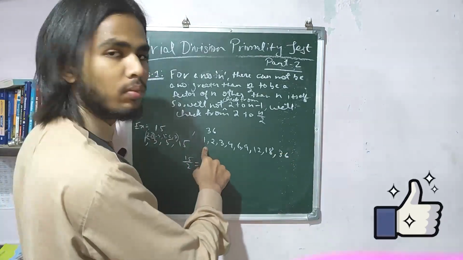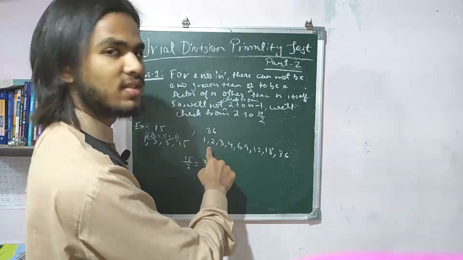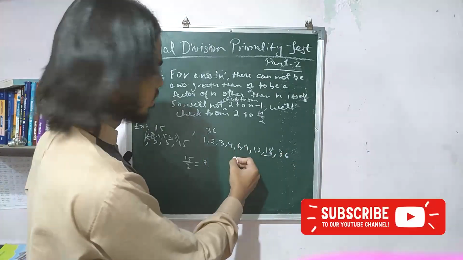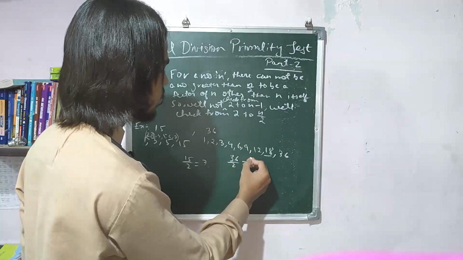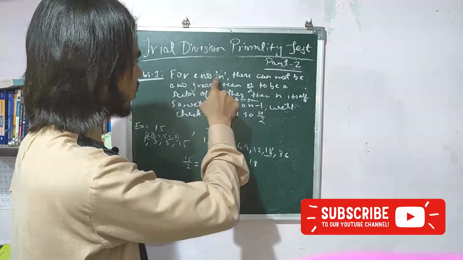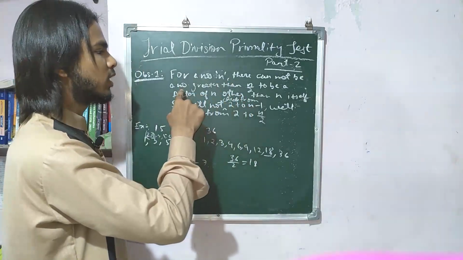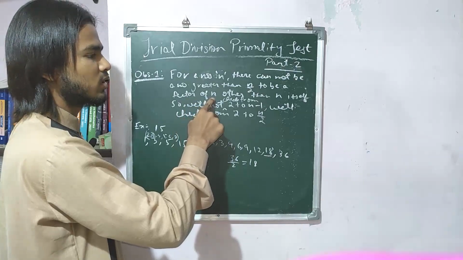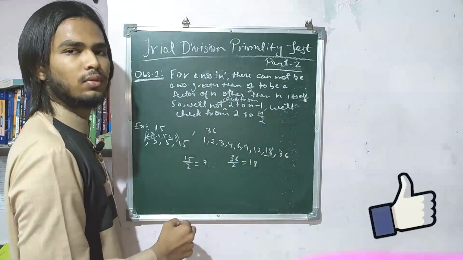You can see the largest factor other than 36 is 18. And what is 18? It is 36 divided by 2. So for the number 36, there cannot be a number greater than 36 by 2, that is 18, to be a factor of 36 other than 36 itself.